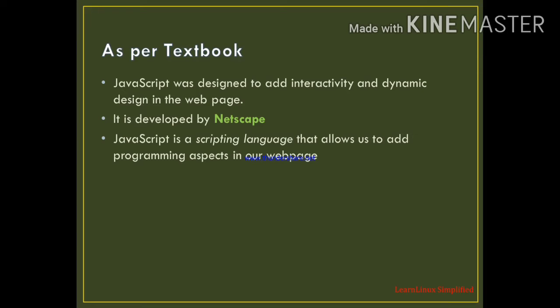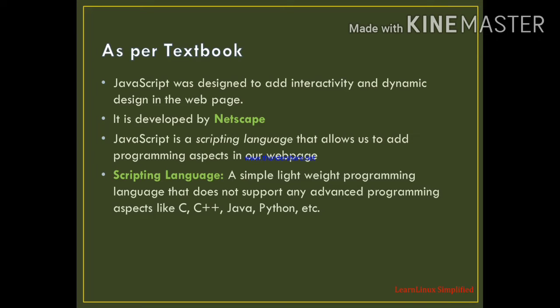Now, what is a scripting language? It is a simple, lightweight programming language that does not support advanced programming aspects like C, C++, Java, Python, etc. A scripting language is a simple programming language that allows us to do certain validation and certain interactive tools in the web page.